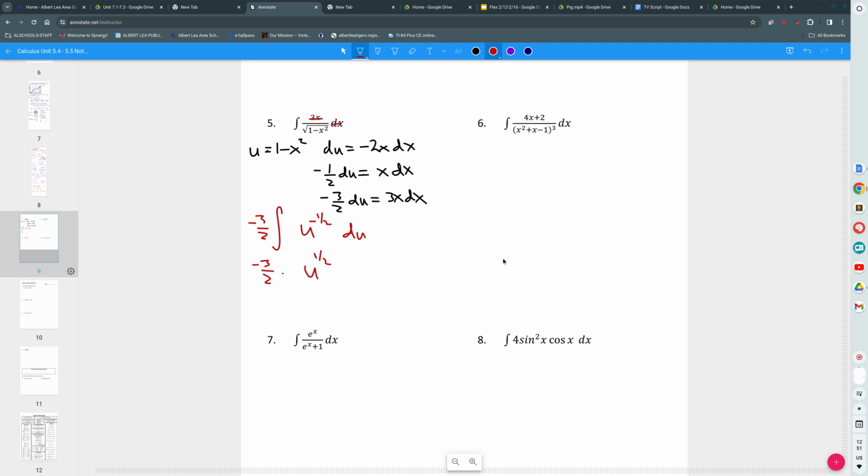U to the 1/2 divided by 1/2, which is going to be the same as multiplying by 2. Plus my constant. Notice that the 2's disappear. And we get negative 3 root of what? 1 minus x squared plus a constant. That's my antiderivative.